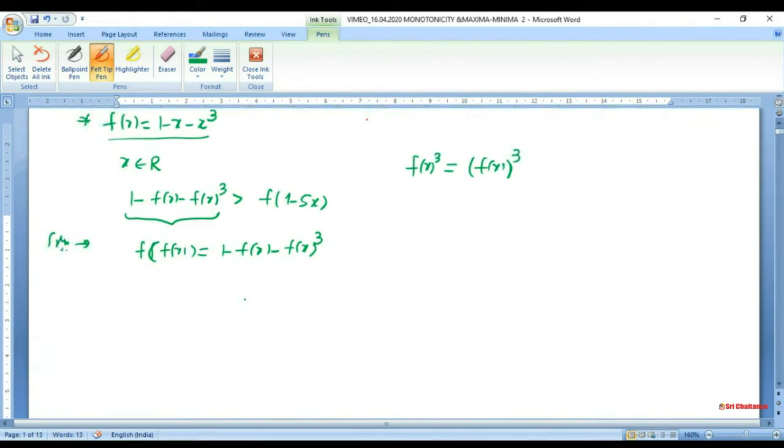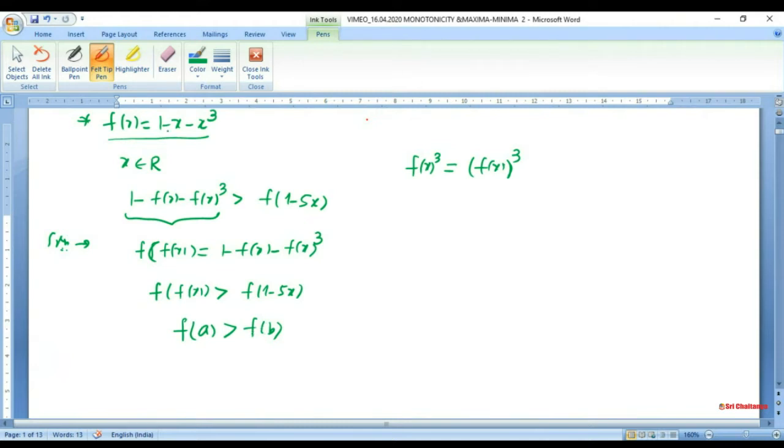If that is true, then the inequality reduces to f of f(x) greater than f of 1 minus 5x. So what we have got is that we are comparing the values of f on both sides. Look at it like f of a exceeds f of b, then what can we say about a and b? In general, we can't say anything.